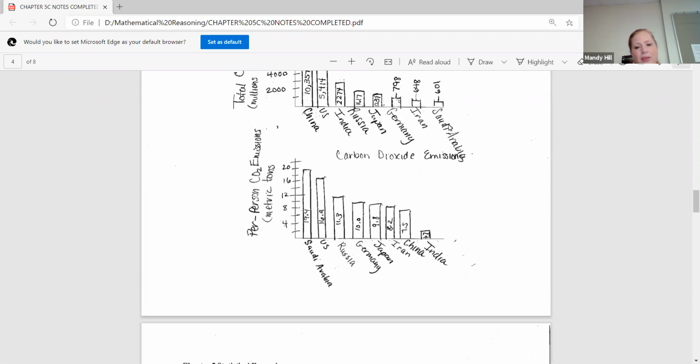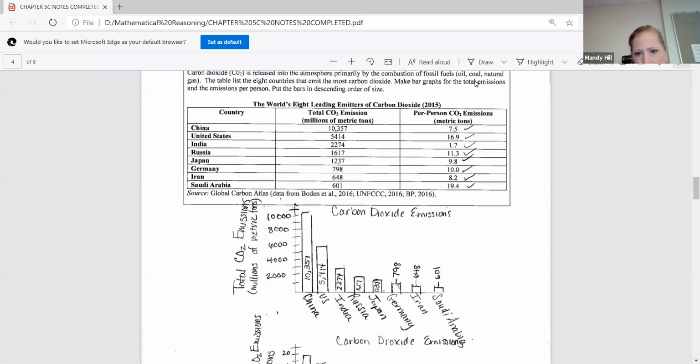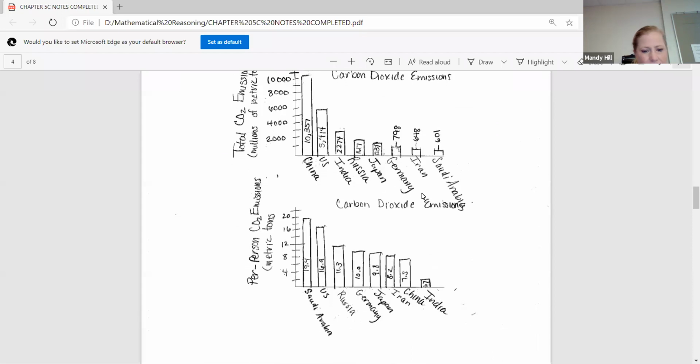Probably because they don't have as many restrictions there on their pollution, but still they've got one of the smaller populations and one of the bigger contributions per person. And so that's kind of suspect.